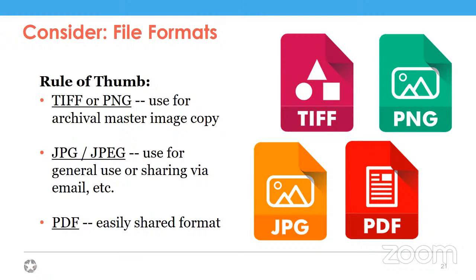Or if you just need a quick general use, sharing via email, you just want to scan and send some to your family, then you might not need the TIFF or PNG if you don't plan on doing anything else with them, and you could use something like a JPEG. Typically, these are called derivative images. They can be used for web page applications, email, or smaller scale printing.